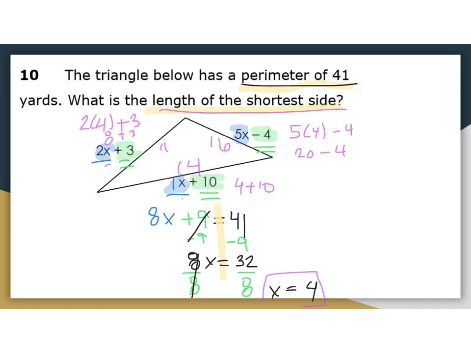So we're looking at 11, 14, and 16. The shortest side is that 11. So the shortest side is 11 yards.